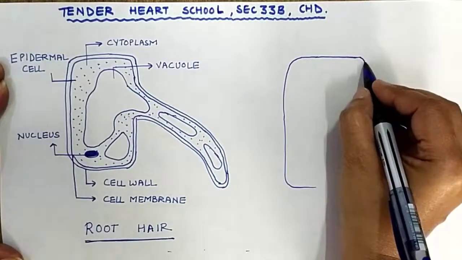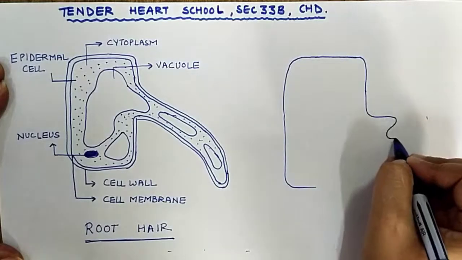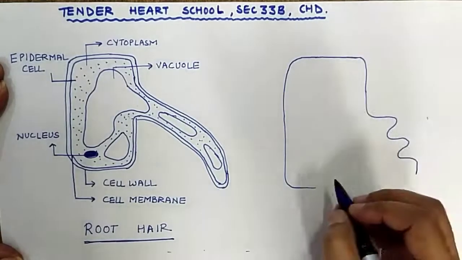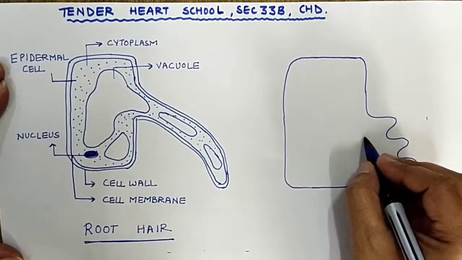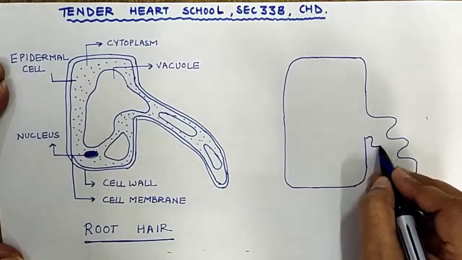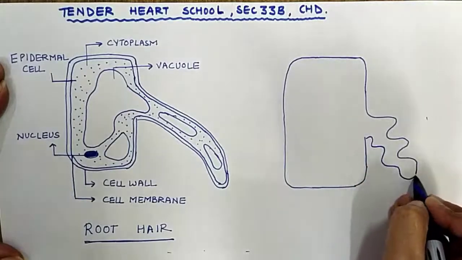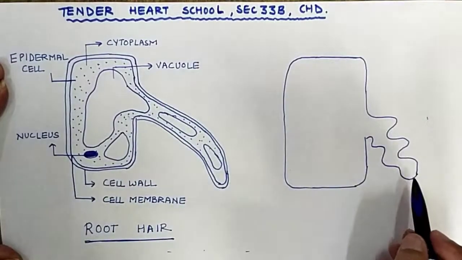So you will draw a normal plant cell, but the root hair you will show shrunk. So this way it is flaccid. It is not straight, it has shrunk, right? So this way you can draw. Right? So the straight root hair, it has shrunk.